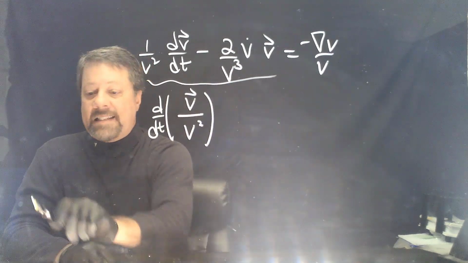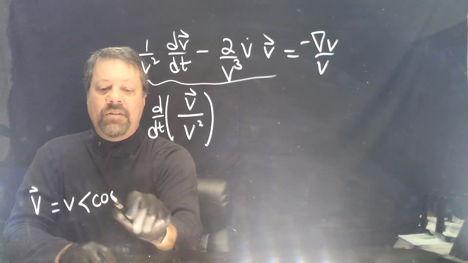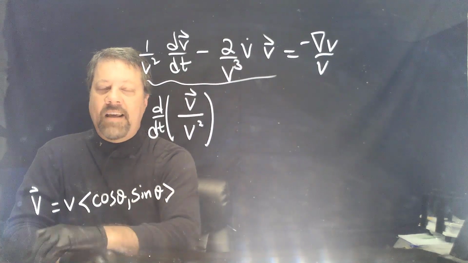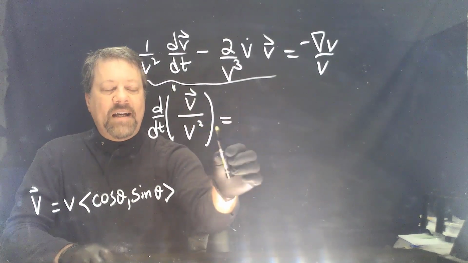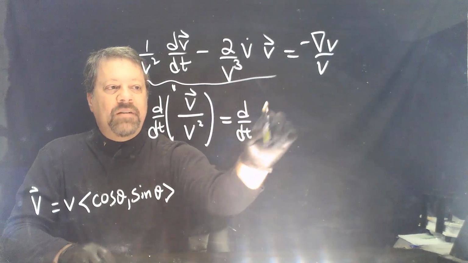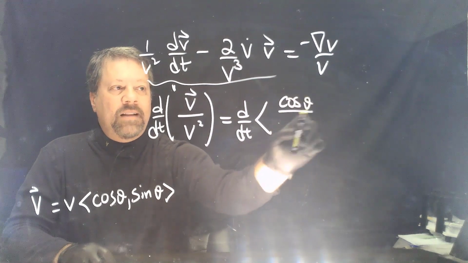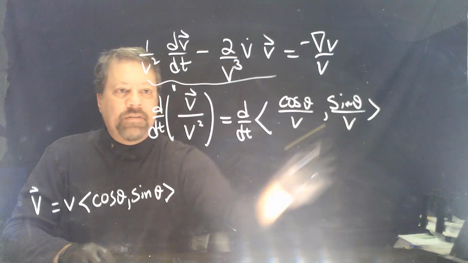The velocity vector will be the speed times a directional vector, cosine theta, sine theta. So on the left-hand side, we can rewrite this as the time rate of change of the following: cosine theta over v, sine theta over v.